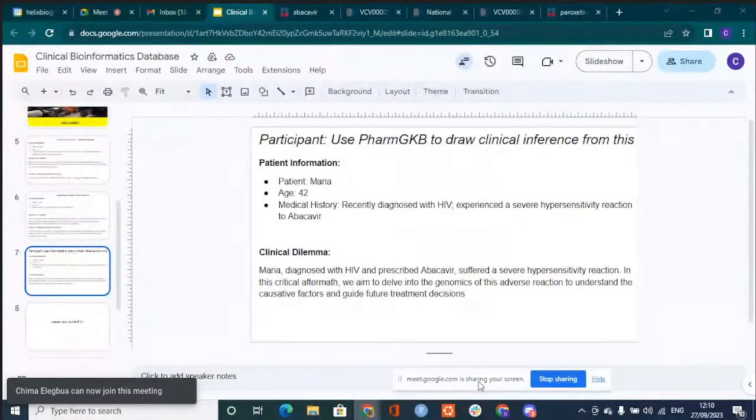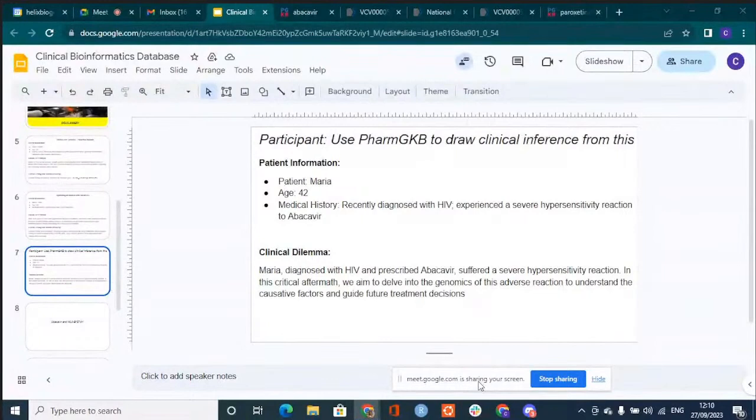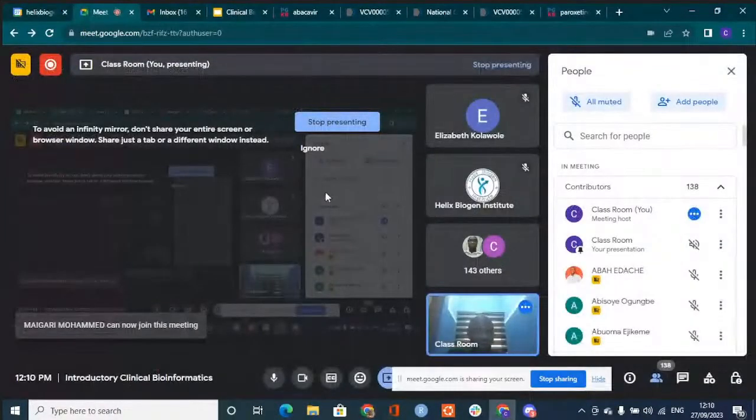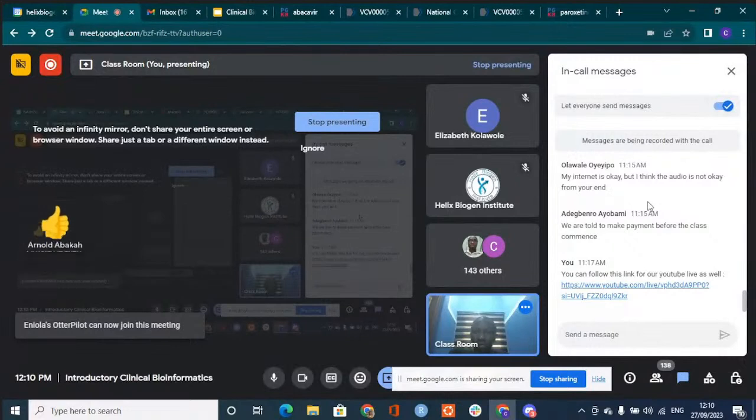So what I just want us to do is go into a pharmacogenomic knowledge base and type Abacavir, to see if there is any information about Abacavir. I believe we all get my question.